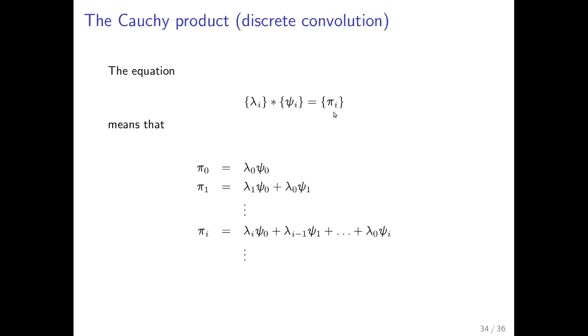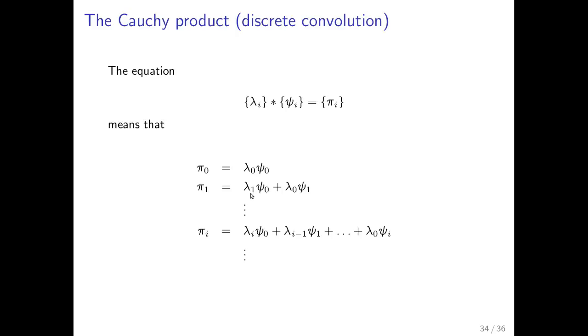That gives you the same sum of subscripts in the response. So to get 0, you can only have lambda 0 and psi 0. To get 1, you can have either lambda to be 1 or psi to be 1.